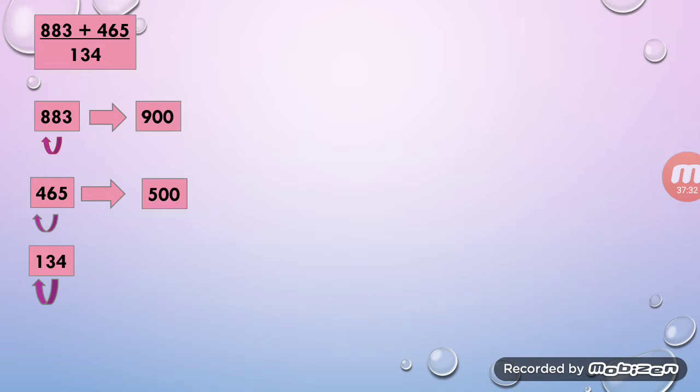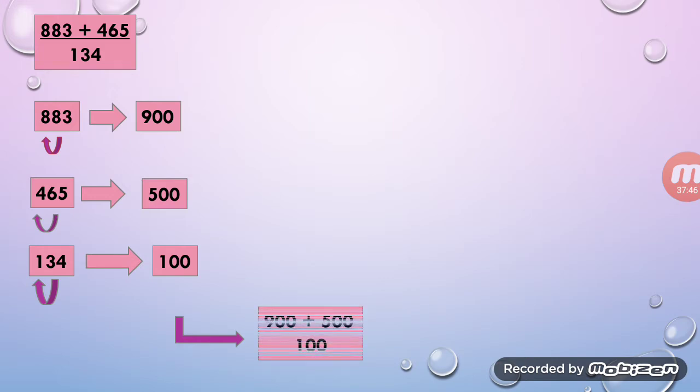So since 3 is not higher than 5, 1 will remain as it is, but the 3 and 4 will become zeros, leaving us with the number of 100. And now, taking all of these numbers, we're going to replace the old numbers with the new ones in the expression. So now we have 900 plus 500 over 100, which gives us our grand total of 14.